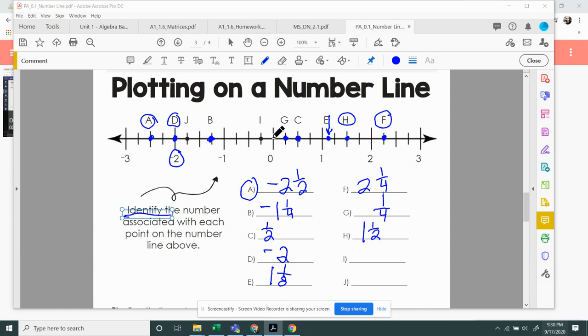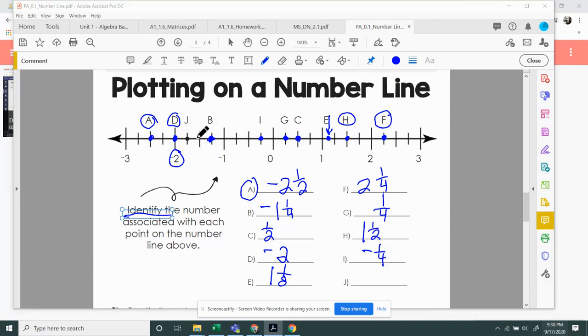I, now look at this, I is to the left of 0, so it's between 0 and 1/2, which makes I -1/4. Remember, if it's to the left of 0, -1/4.